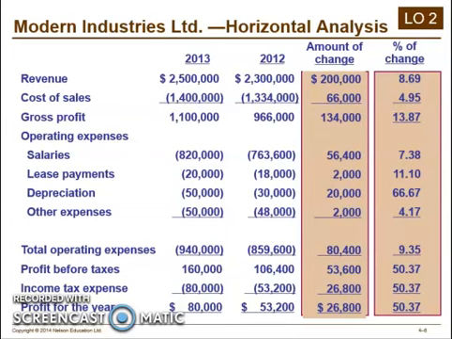We will come back to this and go over some other examples. Another example that we're going to be going over is Eastman Technologies out of your textbook. Not only does Eastman Technologies do the vertical and horizontal analysis on your statement of income, they also do it on your statement of financial position or your balance sheet.